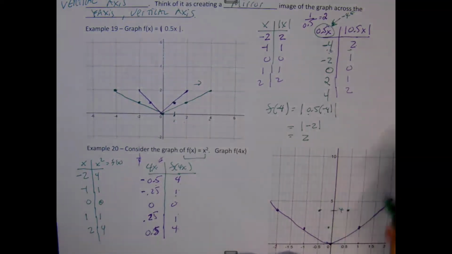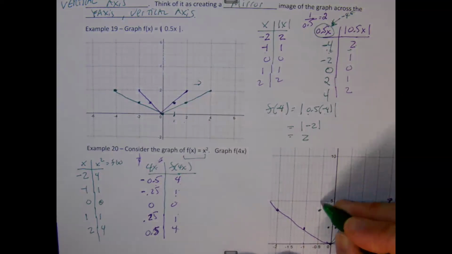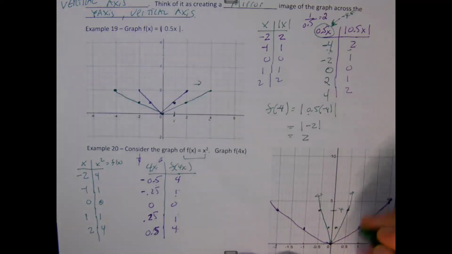Right here. And 0 is happening at 0. So there's a new picture of this parabola. Okay, I didn't do a good job trying to connect these points. Okay, I'm doing a terrible job. Did I tell you I was super tired?